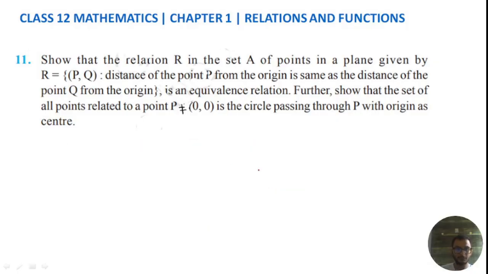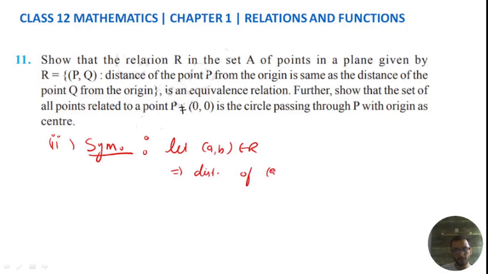Next we will show symmetric. Suppose (a, b) belongs to R. What does this mean? The distance of a from origin is the same as the distance of b from origin.